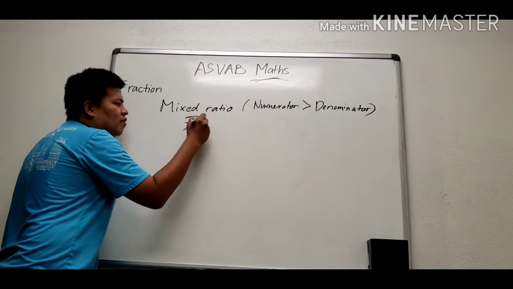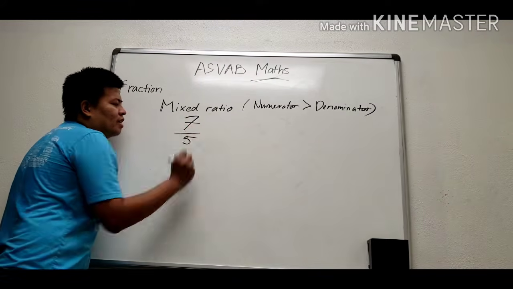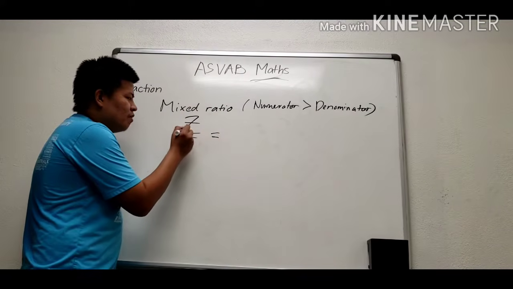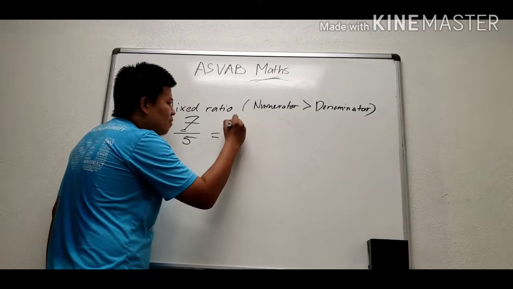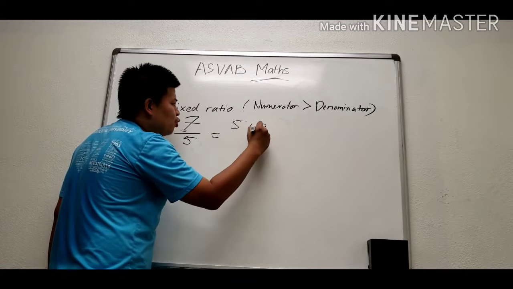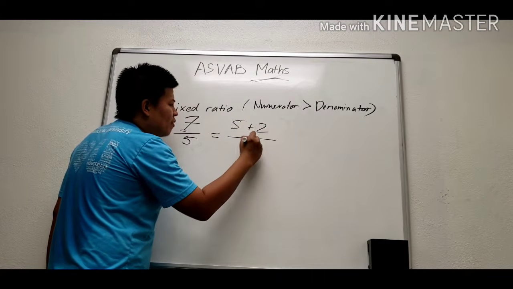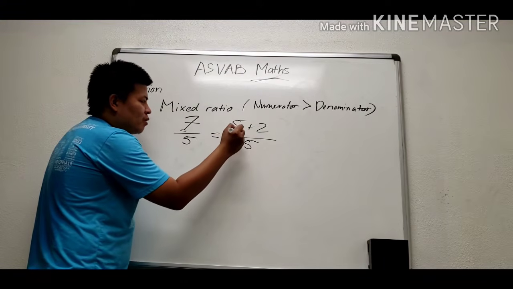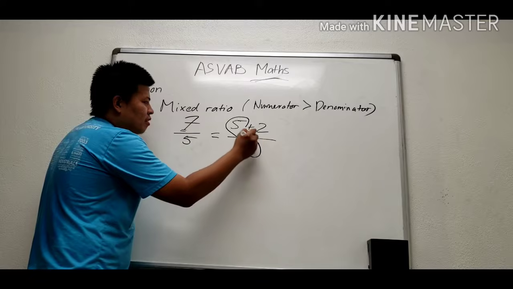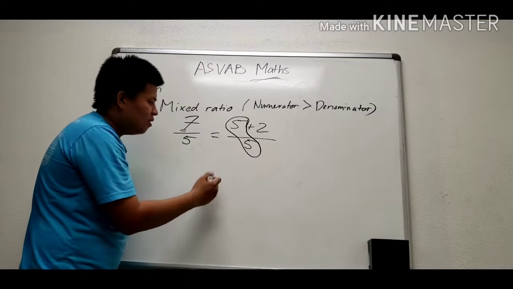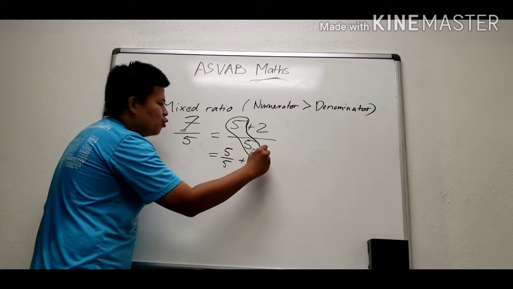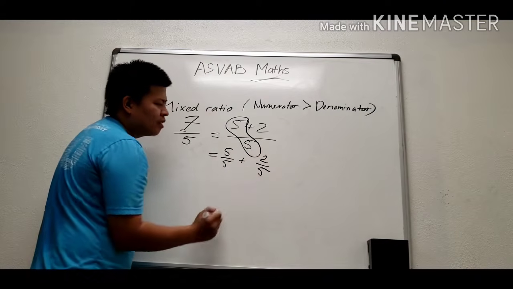We have 7 and 5 in here. In this number 7, we can put 5 plus 2 and divide by 5. How can I get this? We need to make sure the numbers can divide together like this: 5 divided by 5 plus 2 divided by 5.